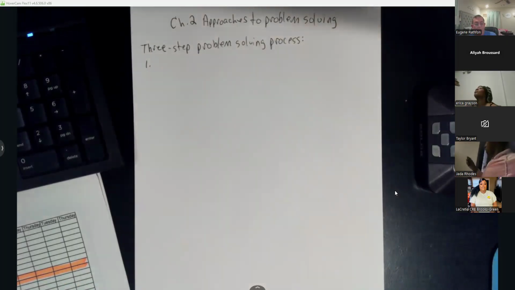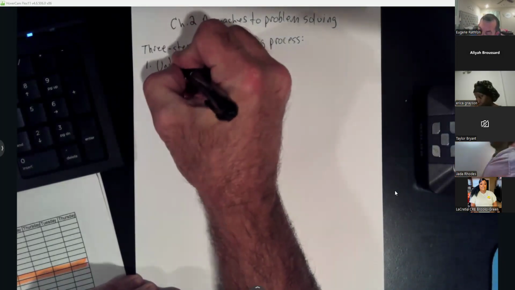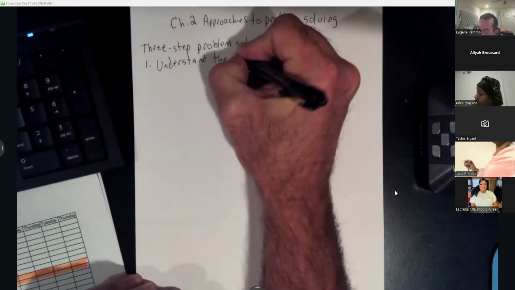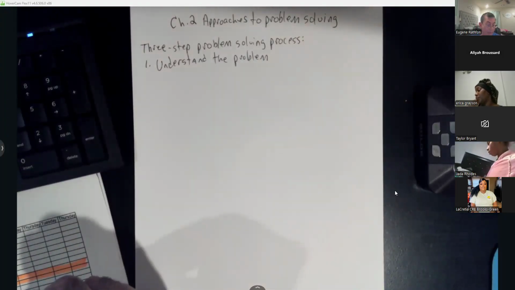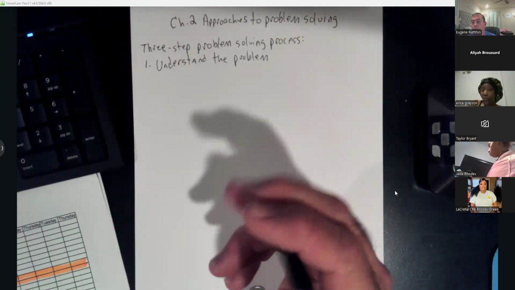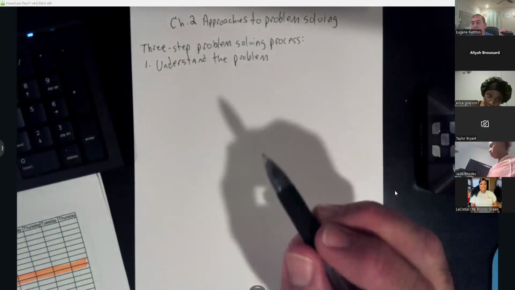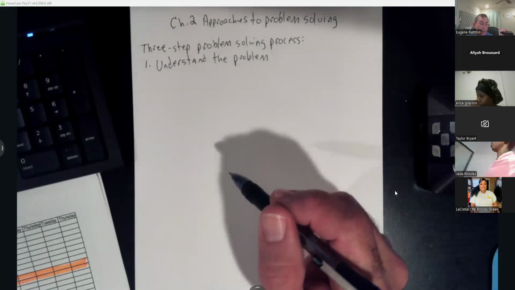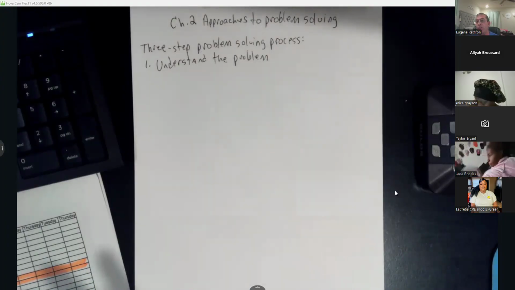The first step to solving a problem is to actually understand the problem. So think about what it's asking you to do. If you need to, draw a picture or diagram, and then think about what your solution should look like.